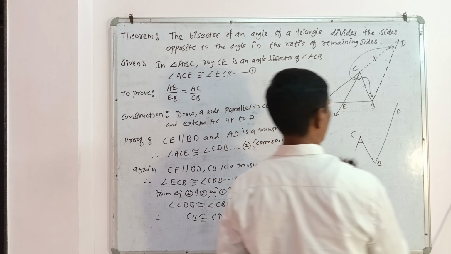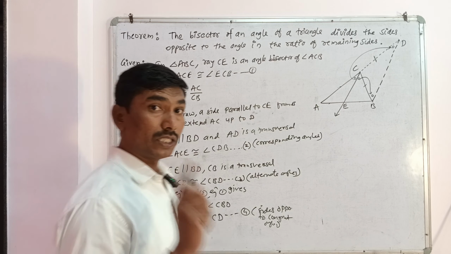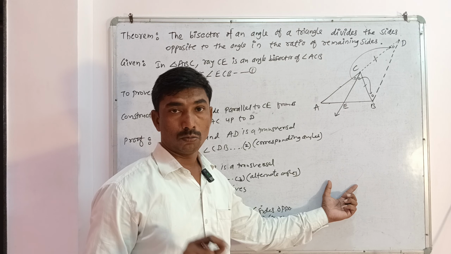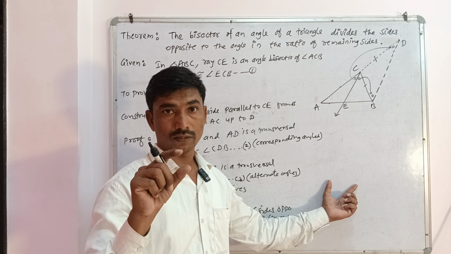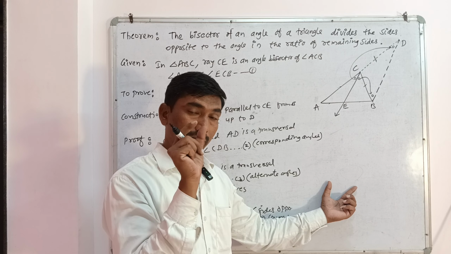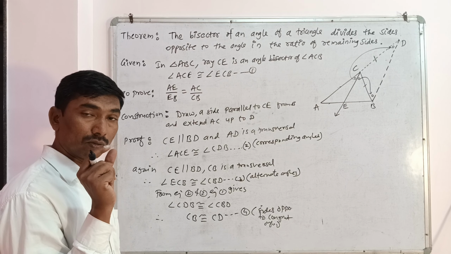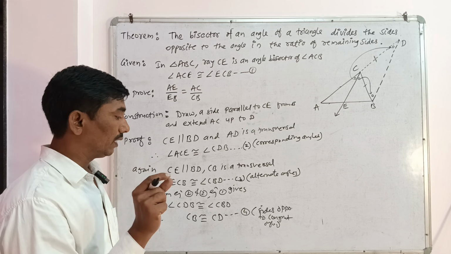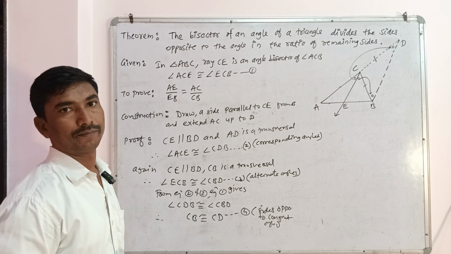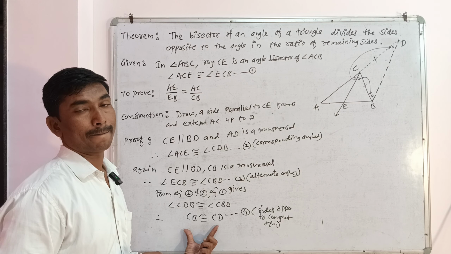Now, remember, while proving this theorem, initially I did write here the ratio of two sides by using BPT, and in the ratio there was one place where we were thinking about putting CB instead of CD. Remember that? So here you got CB and CD are congruent.